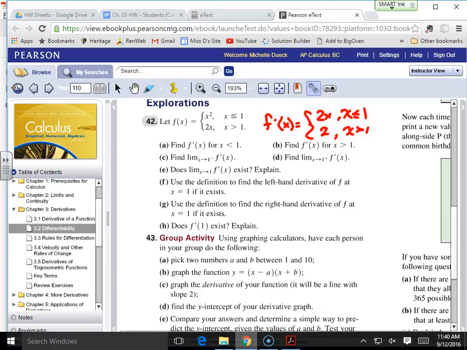So technically, f prime of 1 does not exist, because the derivative cannot exist at a discontinuity of a function, properly from the definition that we talked about before. But I was thinking that the definition would actually work out to show that.